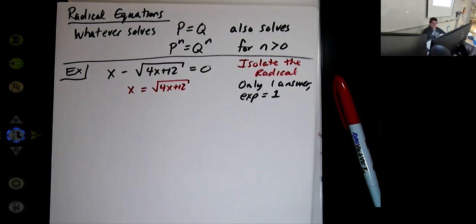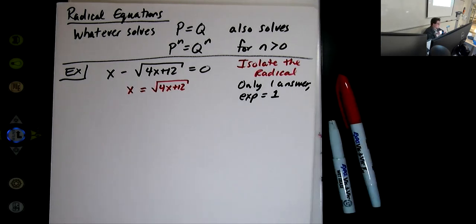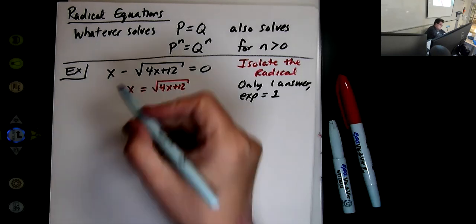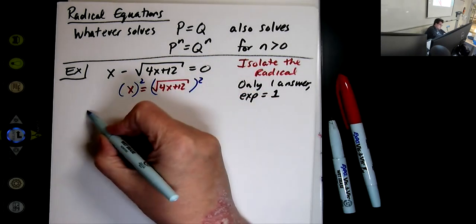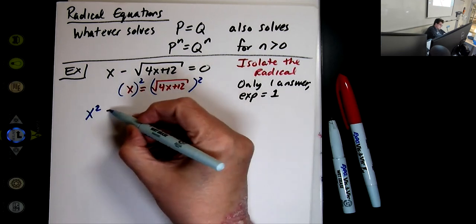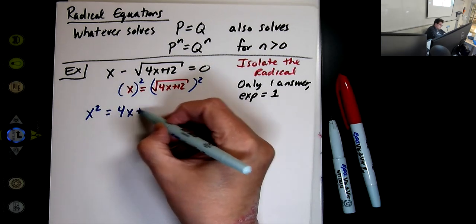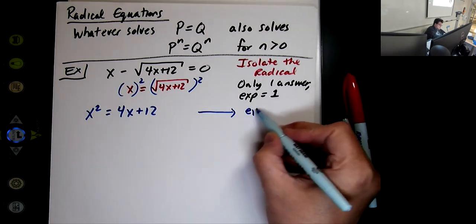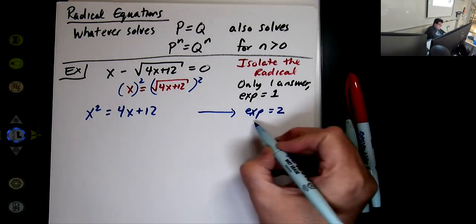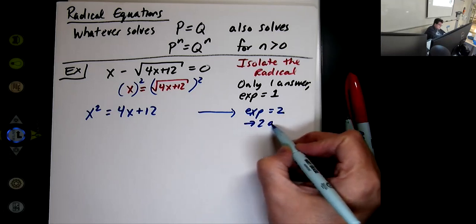There is only one answer because the exponent equals 1. But to deal with this, I'm going to square both sides. And if I square both sides, I have x squared equals 4x plus 12. Here, the exponent is 2. It's going to have 2 answers.